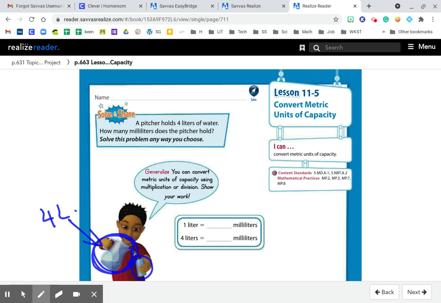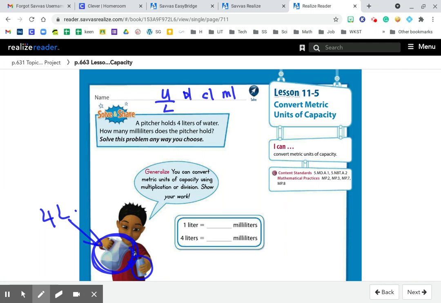And going back to our measurement, remember the unit is in the middle. And we're going from liters, which are going to be in the middle. Our unit is a liter, to milliliters. And remember, we have deci, centi, and milli. So now we'll have deciliters, centiliters, and milliliters.